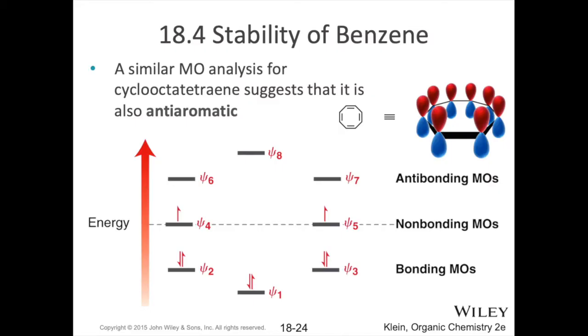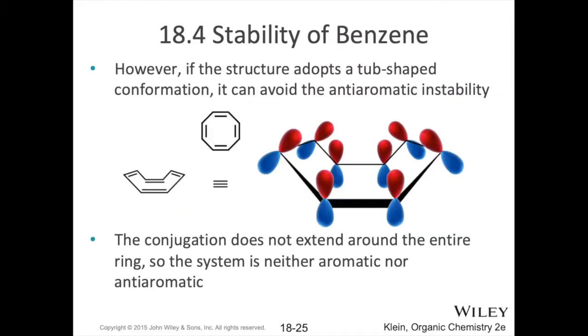Now, a little note here about cyclooctatetraene, because anti-aromaticity means that your molecule is particularly unstable. It's sometimes better from the molecule standpoint to just not be aromatic at all, or not meet the criteria for aromaticity.